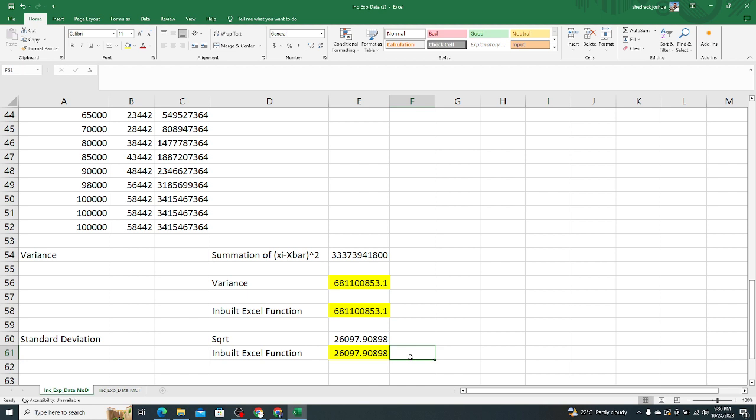Here, of course, our standard deviation is also high. You can see it's a value of 26,000. It is also a large value. The moment you get a variance which is of a big value, you expect the standard deviation to also be a big value.